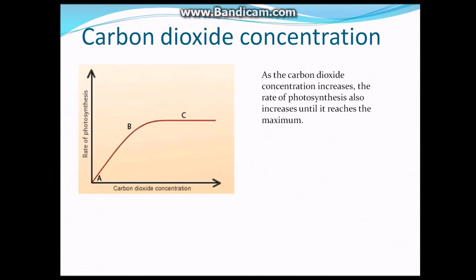As the carbon dioxide concentration increases, the rate of photosynthesis also increases until it reaches the maximum. That means the more CO2 a plant is given, the faster it can photosynthesize up to a point, but then a maximum is reached. So the rate of photosynthesis stays constant after it reaches the maximum, which is C.